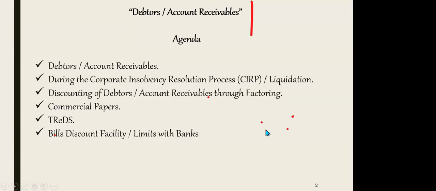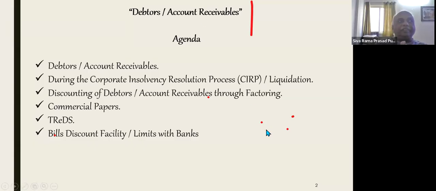Okay. So all these things I will discuss because commercial paper is one of the important ones. Today, to meet their working capital, companies are going for commercial paper. But if the company is in trouble, that too, the CIRP is there.